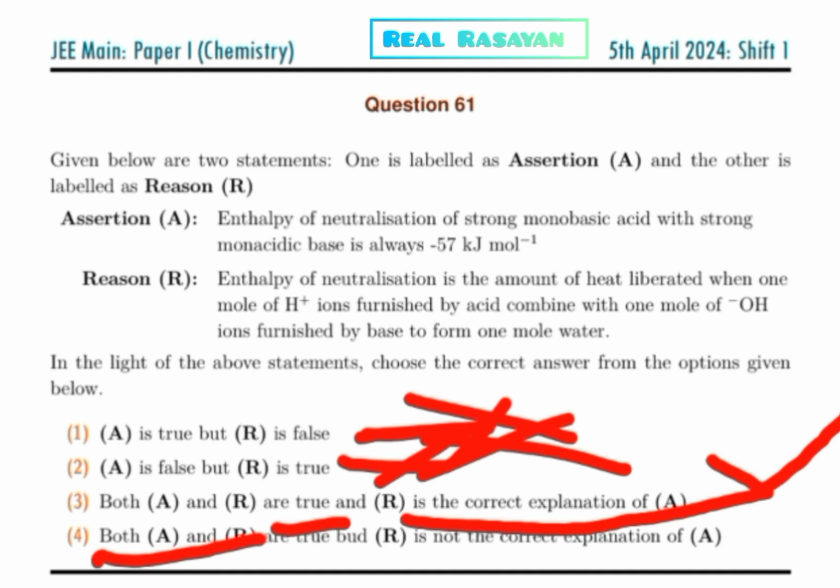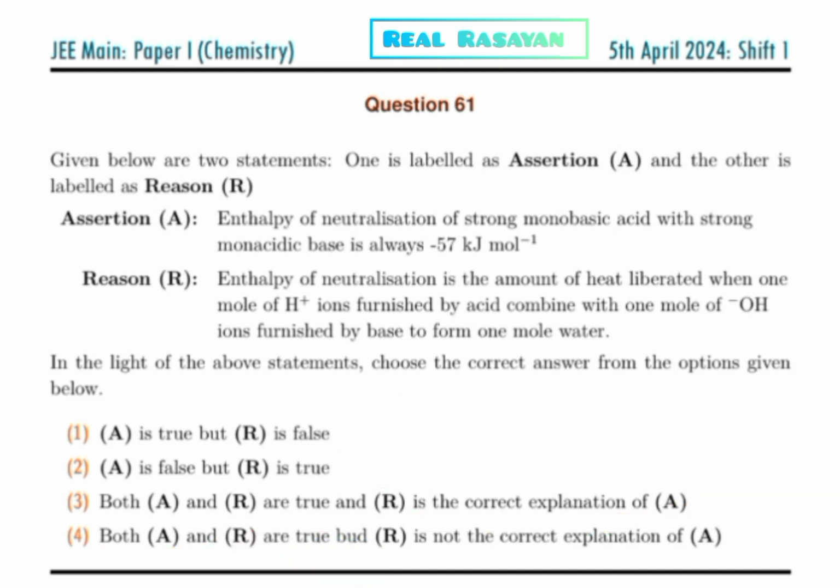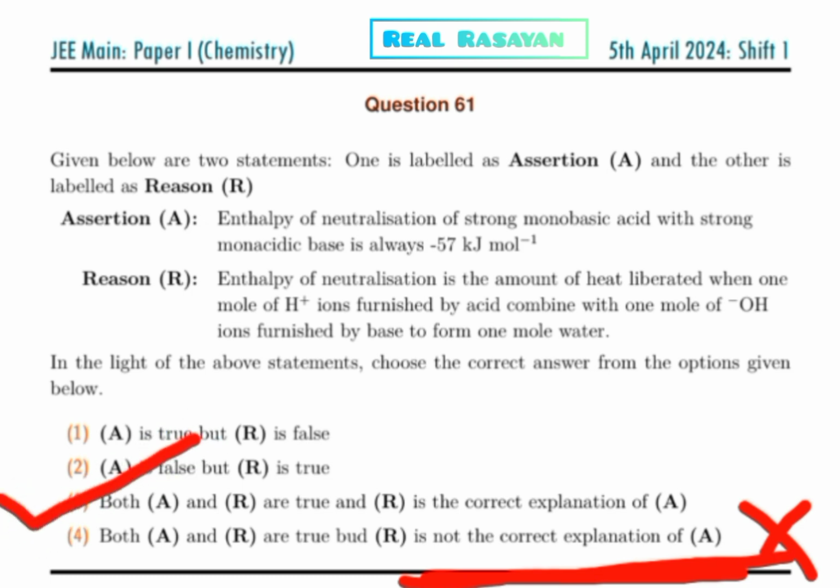It will be correct. The last option says both A and R are true, but the reason is not the correct explanation of A, so it is incorrect. So our right answer will be 3.